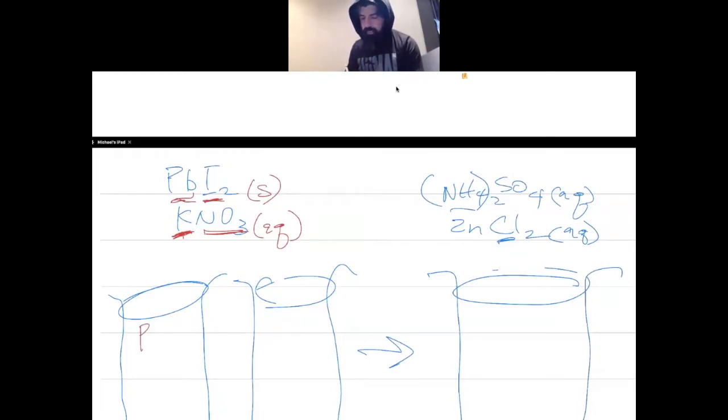In one of them, we had, what was it, Pb(NO3)2, and it was aqueous. And in the other beaker, we had KI, and it too was aqueous.